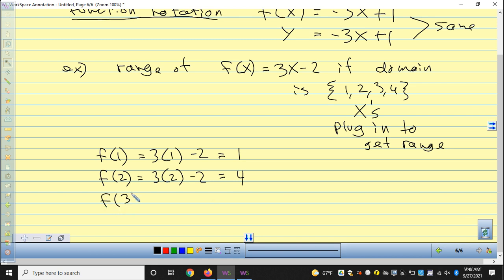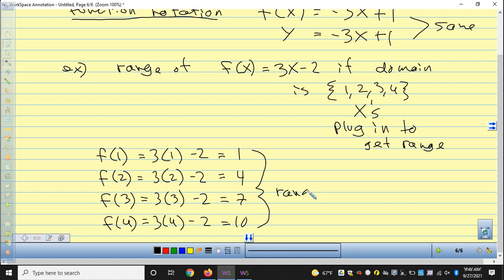F of 3, I'm plugging 3 in here. 3 times 3 minus 2. 3 times 3 is 9. Minus 2 is 7. And f of 4, I'm plugging 4 in here. 3 times 4 minus 2. 3 times 4 is 12. Minus 2 is 10. Well, this is my range.